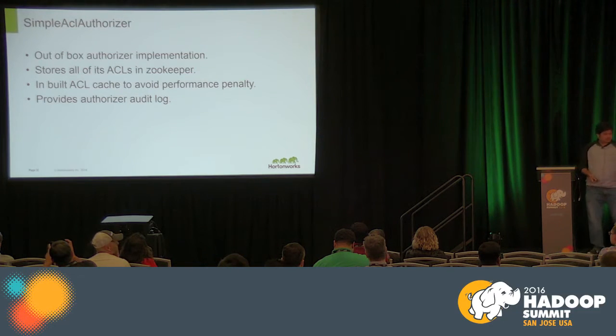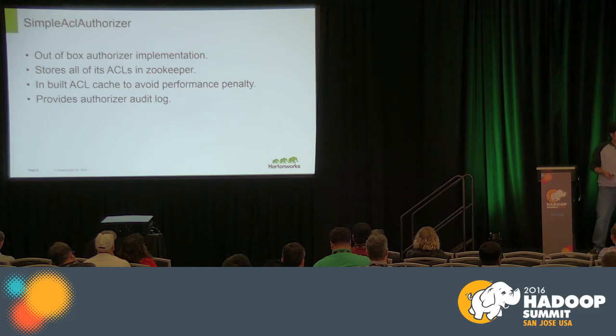Simple ACL authorizer, I think I already kind of covered it. It stores all of its ACLs in Zookeeper. Don't worry that Zookeeper is not going to be able to handle the load because it has its own cache. It's not really hitting Zookeeper with a lot of load. Only when you add an ACL, it writes the ACL into Zookeeper, and at that point, the ACL authorizer on all Kafka brokers syncs their cache, and they have the updated ACLs.